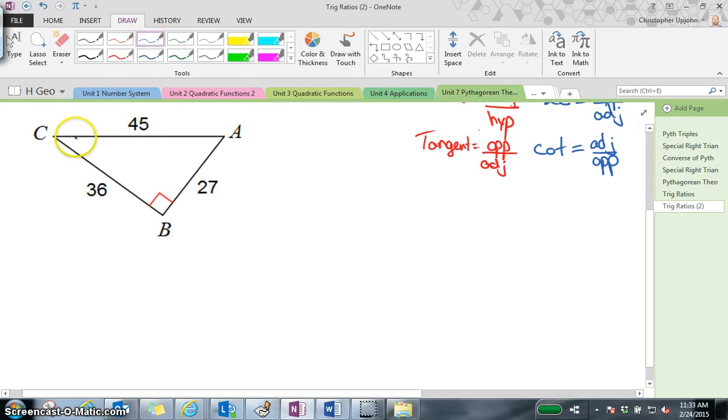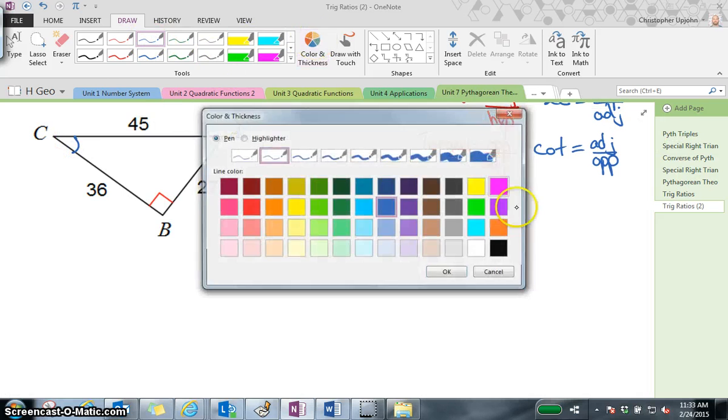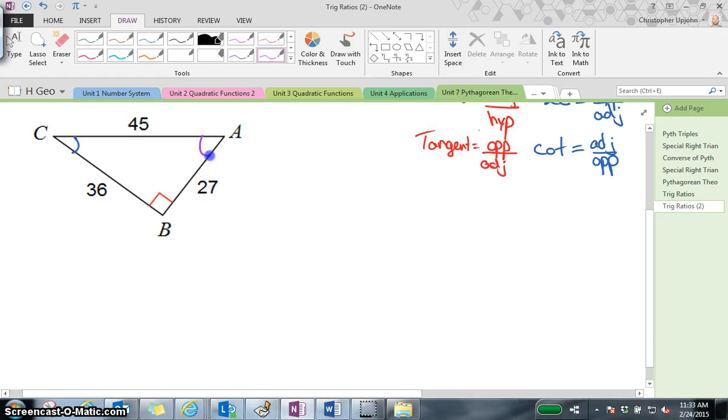So we have my two acute angles here. Oh, those two colors are too similar. So what do we know about angles C and A? Complementary. They add up to 90 because they have to. So we'll get into more of that in a second.